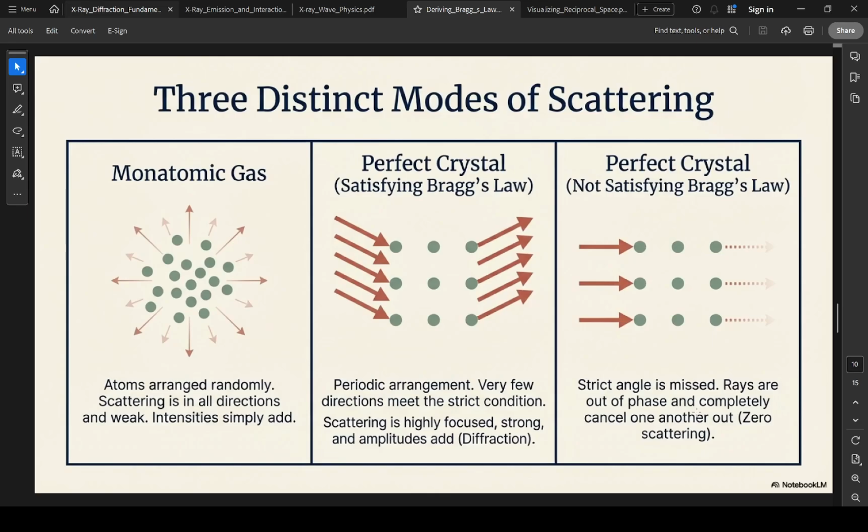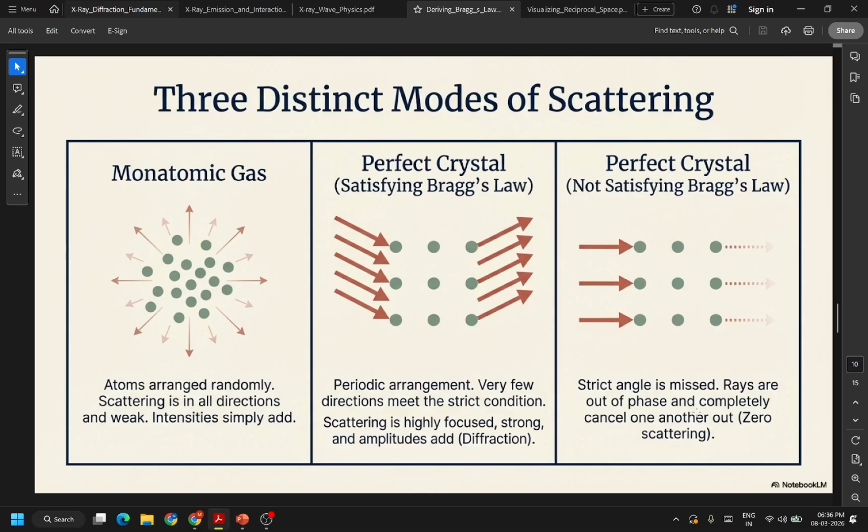So we are able to have interference, and if it satisfies Bragg's law, then amplitudes add. If it does not fall in that particular condition, then the emitted rays will be out of phase, and they will cancel each other out, which will result in zero scattering.